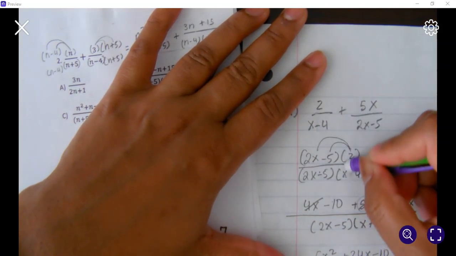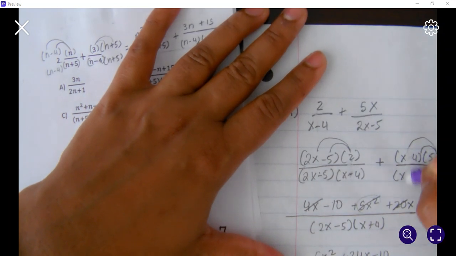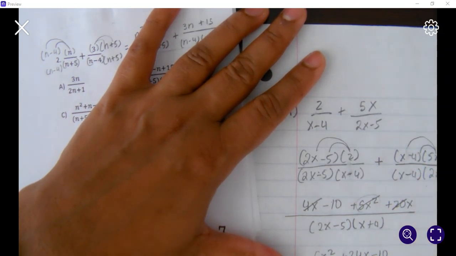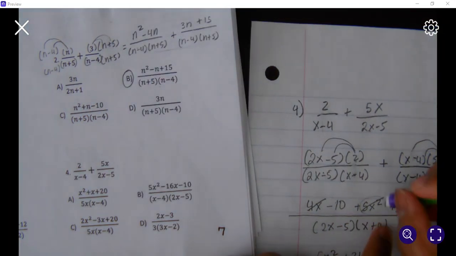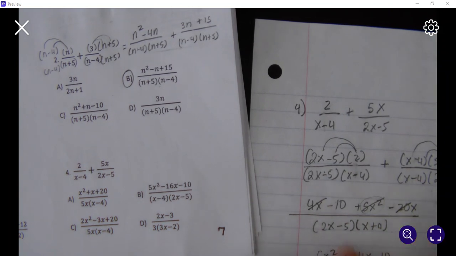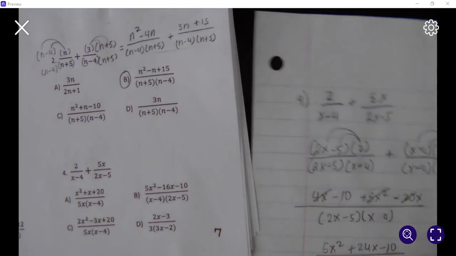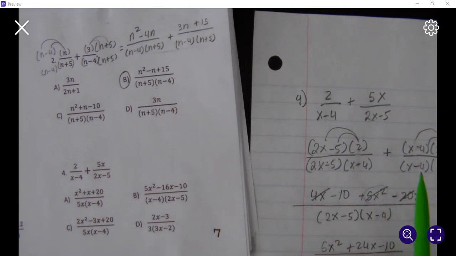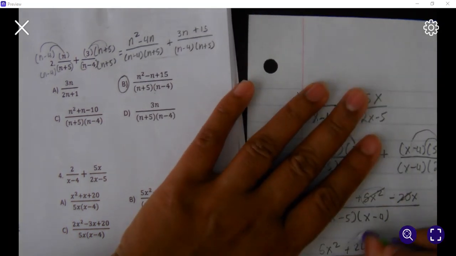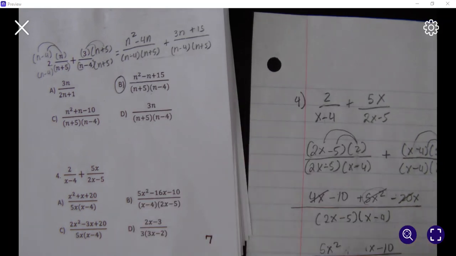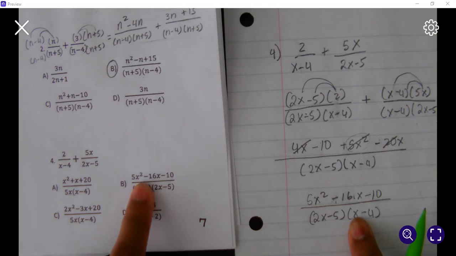Which means that these two are negative, so this is 5x squared, and this would be negative 20. That's pretty much the only thing that changes. So this is minus, this is minus. And now if I do 4x minus 20, that would be negative 16. And there you go. Now it matches.